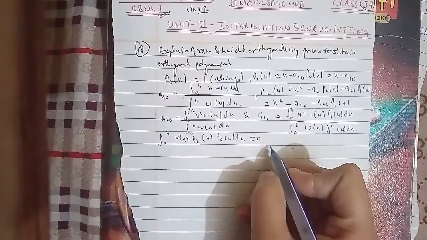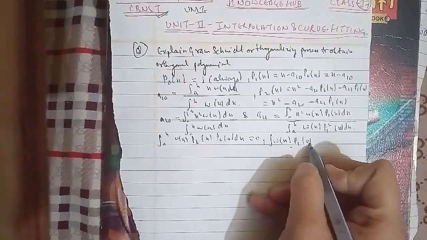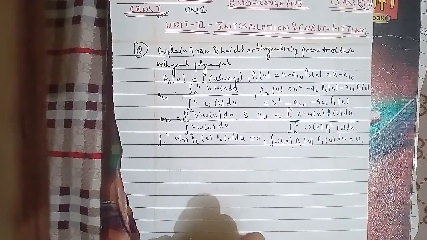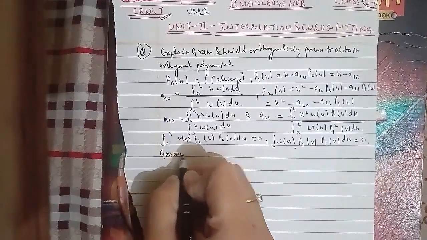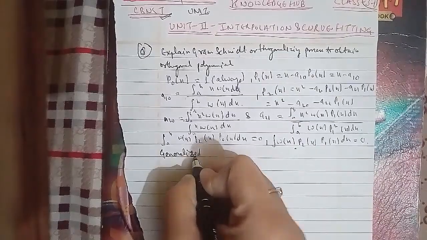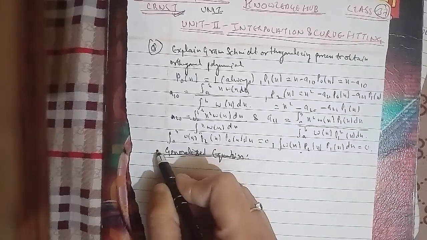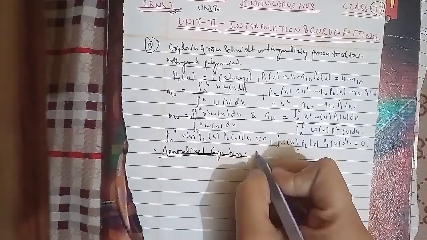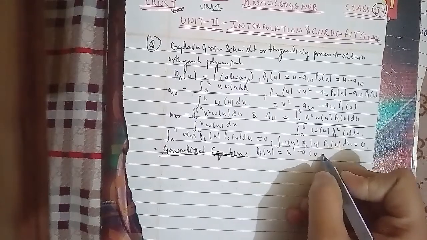For the generalized equation, pi(x) equals x to the i minus ai0 minus ai1 p1(x) minus ai2 p2(x) minus and so on, minus the sum of aij pj(x).